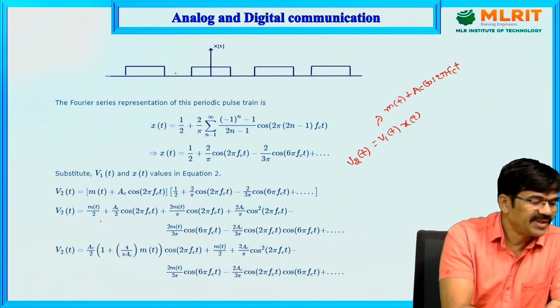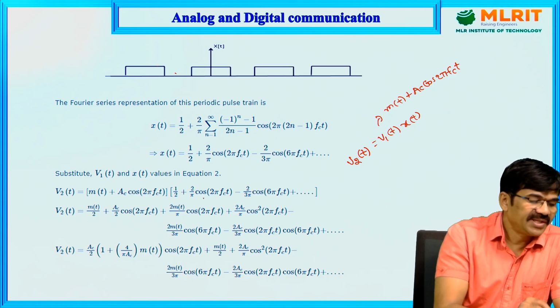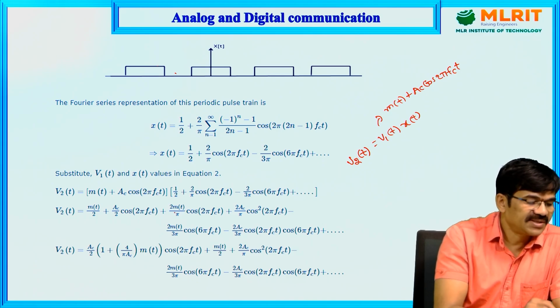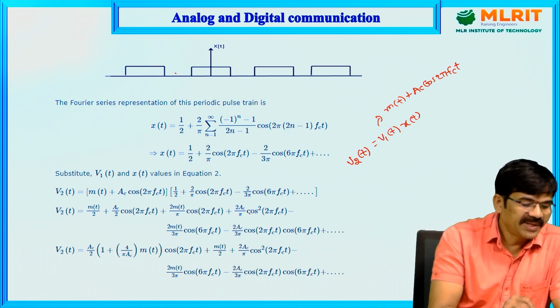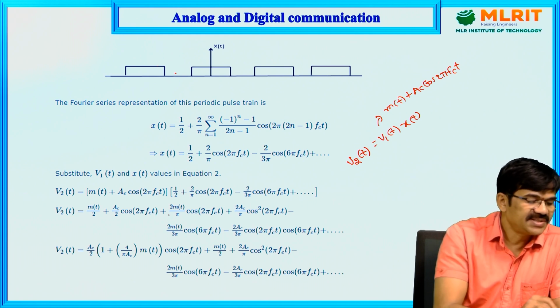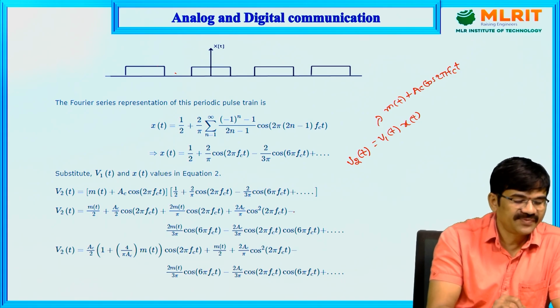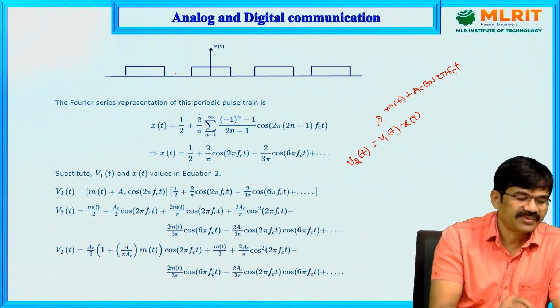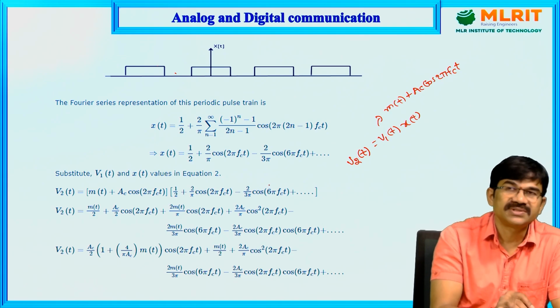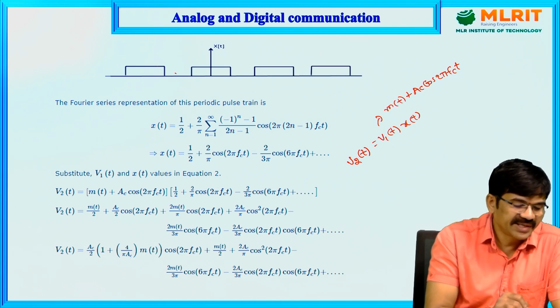Next m of t we are multiplying with 2 by 5 cos 2 pi fct, that becomes 2 m of t by 5 cos 2 pi fct plus 2 Ac by 5 cos square 2 pi fct, as we are multiplying these terms with these terms. So we are getting the expression like this.